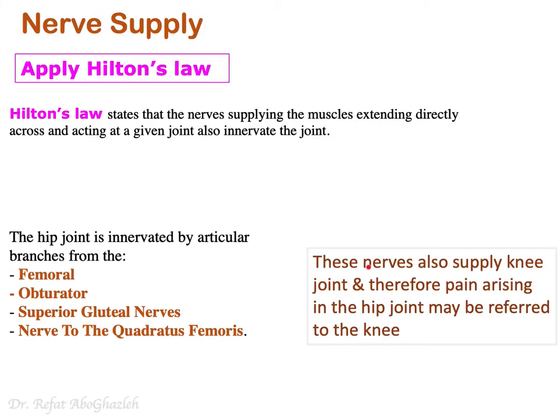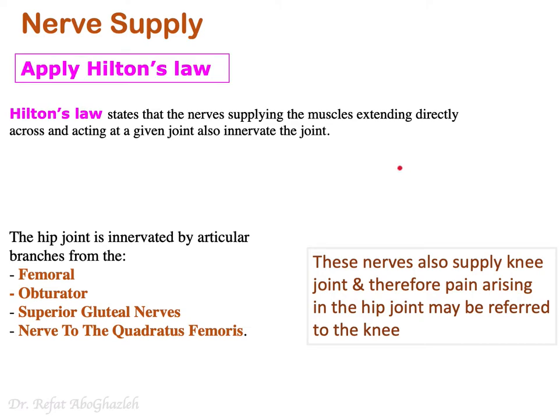And somebody can say, okay, what about the nerve supply? Simply, according to Hilton's law, if you want to know what nerve or nerves innervate that joint, you just have to know what muscles act on that joint and what nerves innervate those muscles.